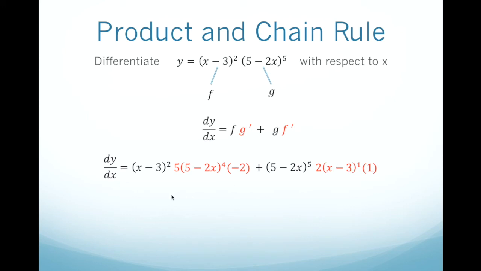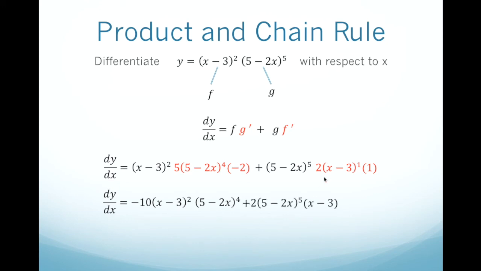which is 1. Now let's simplify what needs to be simplified. So this is going to be 5 times negative 2, which is negative 10, x minus 3 to the power of 2 multiplied to 5 minus 2x to the power of 4. Now at this point, you don't need to expand this to binomial expansion.